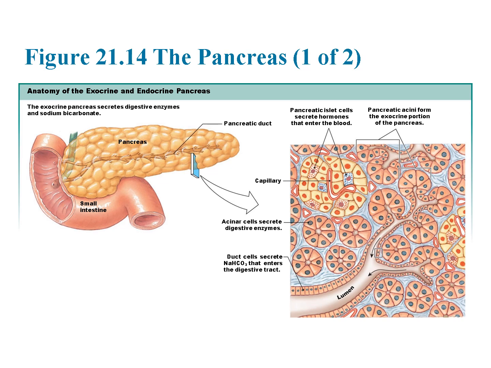The pancreas is a unique organ with both exocrine and endocrine functions, playing a critical role in digestion and metabolic regulation. The exocrine portion of the pancreas consists of acinar cells, which produce digestive enzymes. These enzymes break down proteins, fats, and carbohydrates, ensuring efficient digestion in the small intestine.